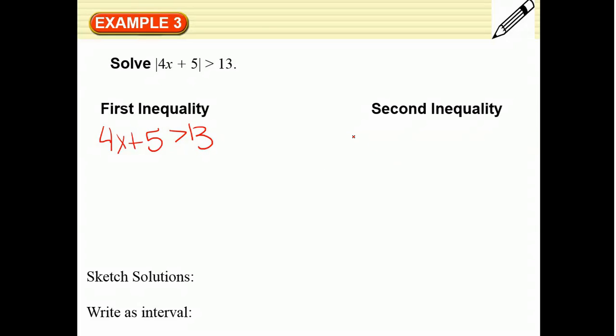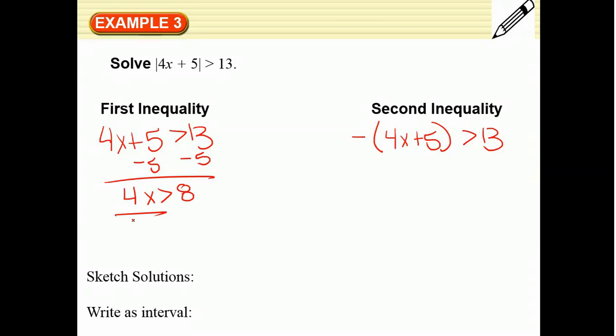And I also have the other inequality of 4x plus 5 is greater than 13, but it's the negative version. So basically, you're going to do the same problem like you were doing with equal signs, except we have some greater than and less thans. So let's solve. I'm going to subtract 5. Get 4x is greater than 8. Divide by 4. And I'm going to get x is greater than 2. So that's one of my answers.